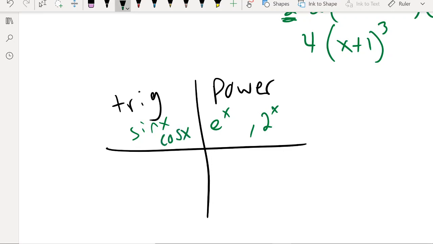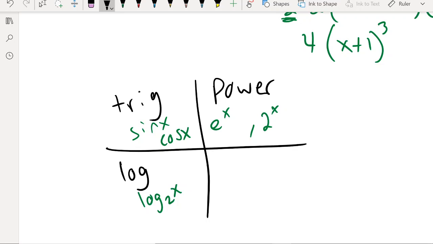I didn't actually show you how to take the derivative of that. It's a little bit different than e to the x, but I'll save that for another day. Then you have log functions, right? Logarithmic functions. So for example, just log base 2 of x, things like that. And then what was the other one?